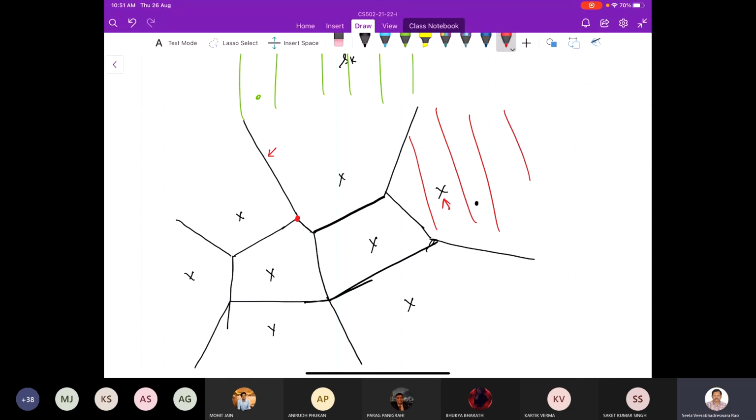If you want to construct a Voronoi diagram, what is the input? The n sites with the coordinates. Yes, sir. What is the output? Output is the Voronoi diagram.